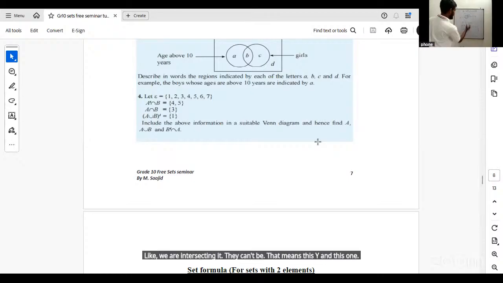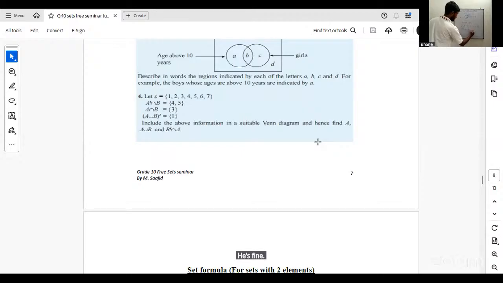A is this and this. So the common region is this part. This one. 2, 6, 7. These are the answers for the fourth question.